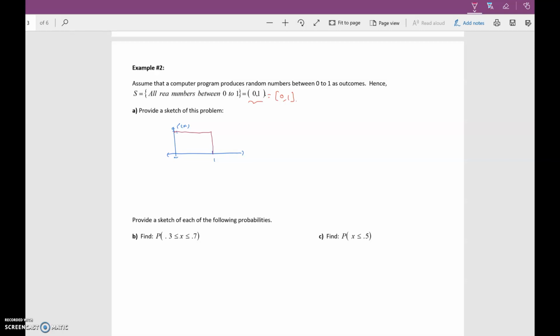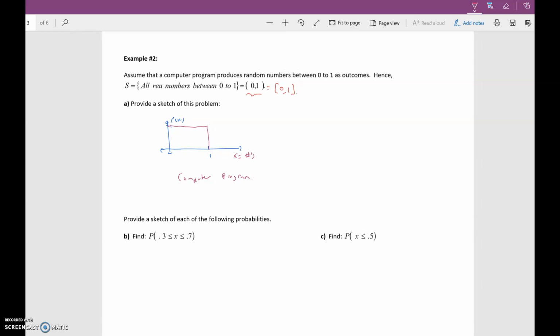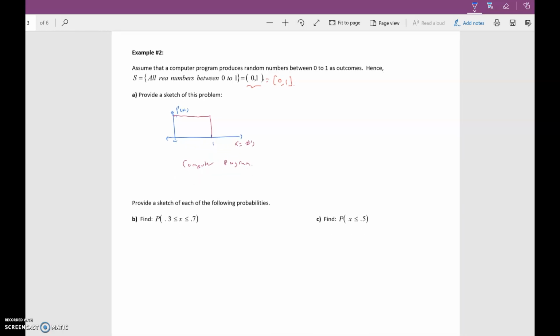So this specific computer program, in this case, is equal to numbers. The title, I'll just write it as computer program. It's actually going to provide us with any number that's technically between the values of 0 to 1.